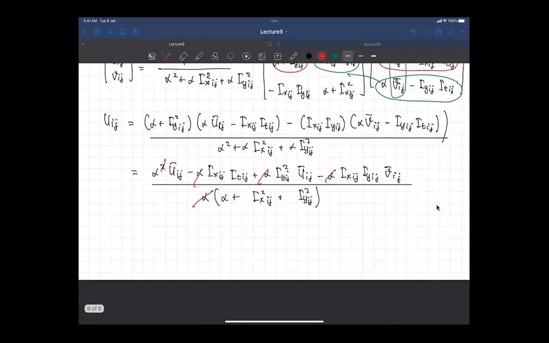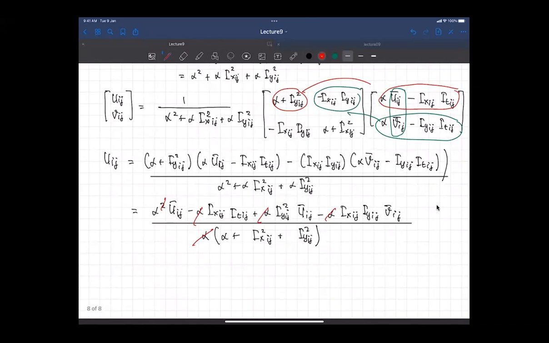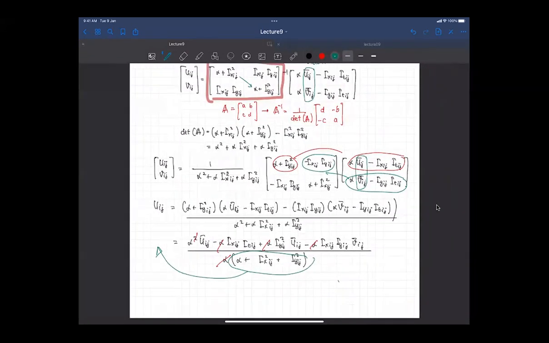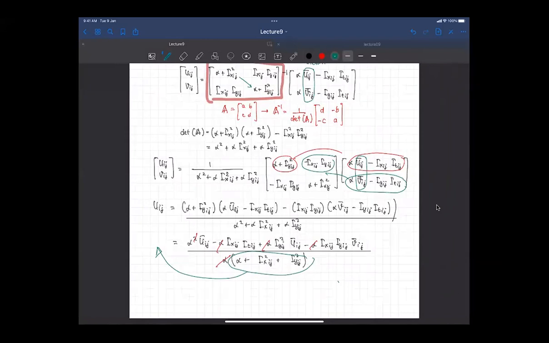Okay, so once we have this, then we multiply this side into the left side, and then do the whole derivation again. I don't want to do that because it's just simple algebraic derivation.